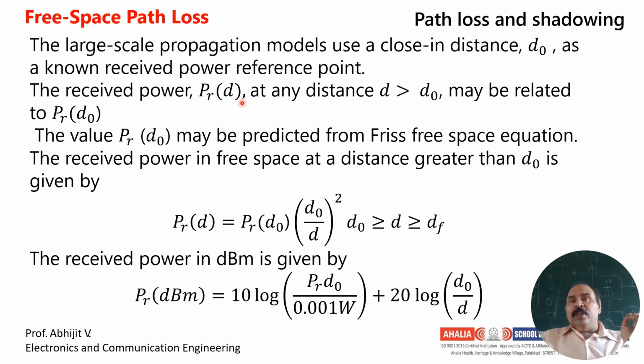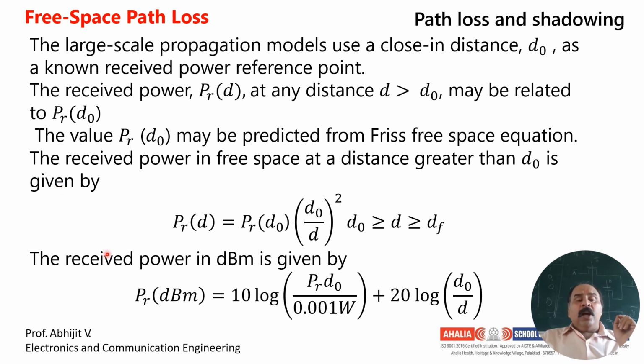We take a reference point d naught for designing our propagation model. The received power PR at a distance d, which is greater than d naught, may be related to PR of d naught. This is a practical way in which we design or find out the coverage area of a base station.